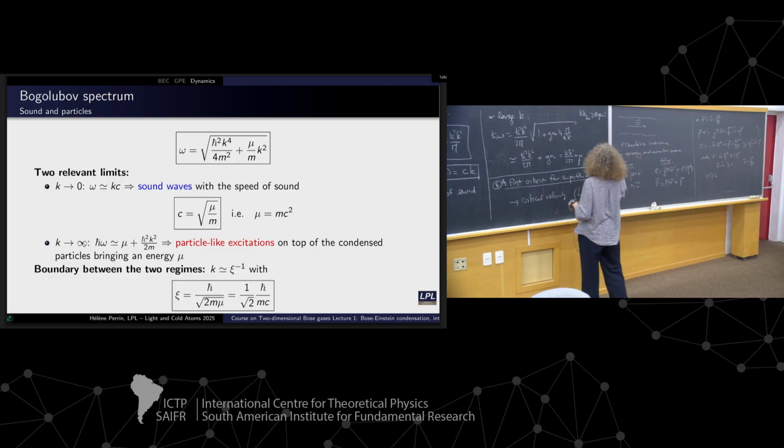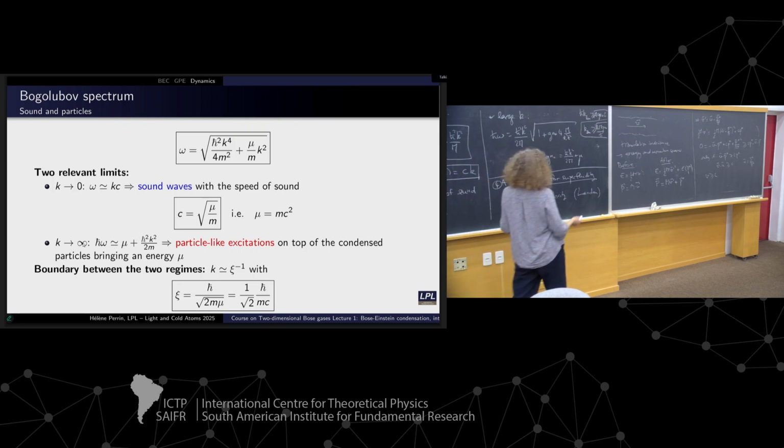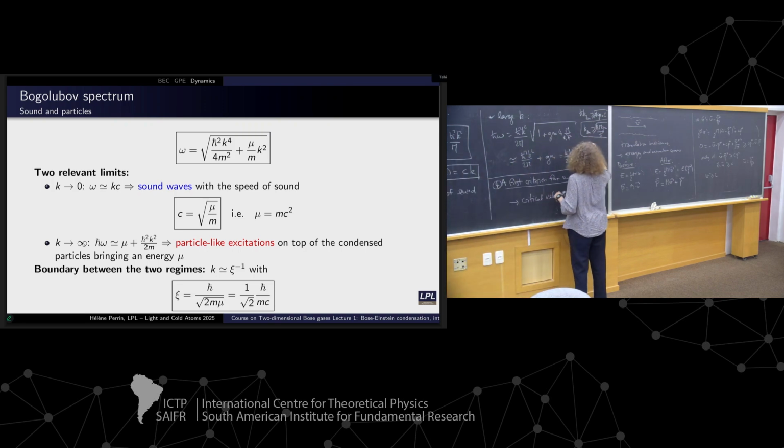So this limit situation between the two is when we have a square root, 2m g n0 over h bar, and this is the inverse of the healing length.